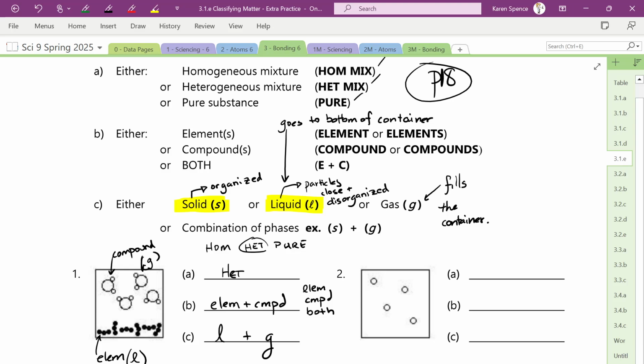See, you did it here. All the particles are the same. Compounds need to have two or more different elements come together. Compound, yes.